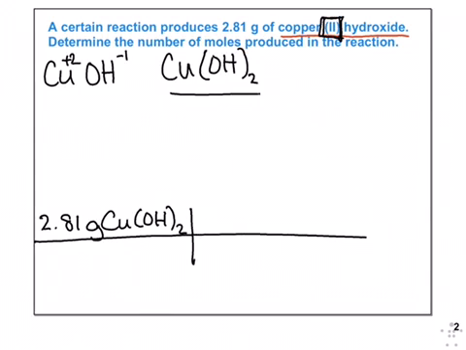And we need to put grams of copper hydroxide on the bottom so it cancels out. But how do we figure out what number goes here? We can't just look at the periodic table because copper hydroxide is not on the periodic table. Is there a way to figure out the mass of copper hydroxide?